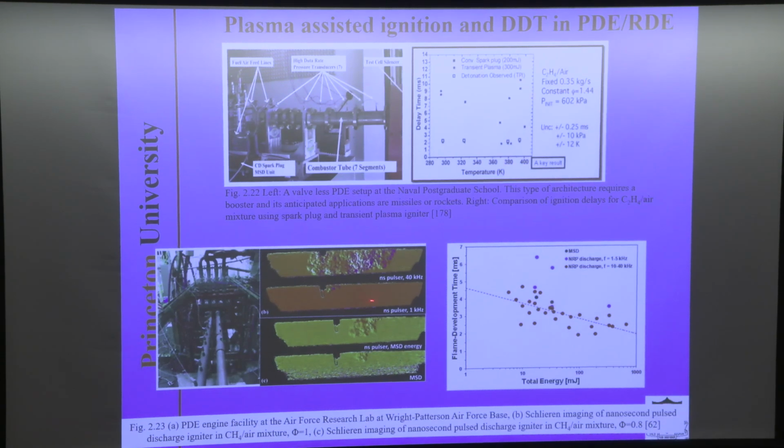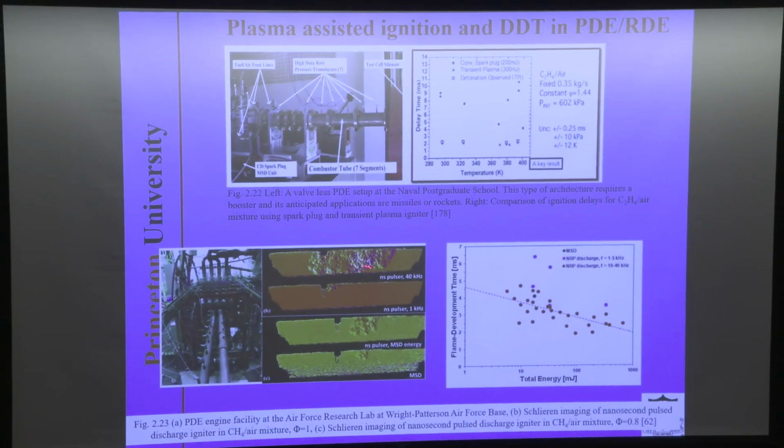Here is a comparison with a nanosecond discharge. You can see the nanosecond discharge, at high frequency, can create a fast ignition kernel, compared to a multi-spark. This is a multi-spark, and this is a nanosecond discharge. So what is the reason? You have created one discharge, and that discharge created radicals.